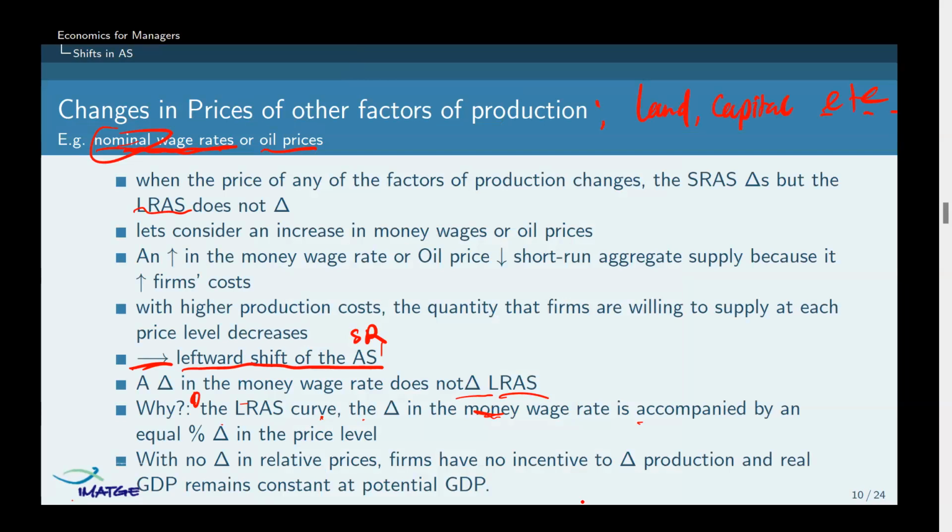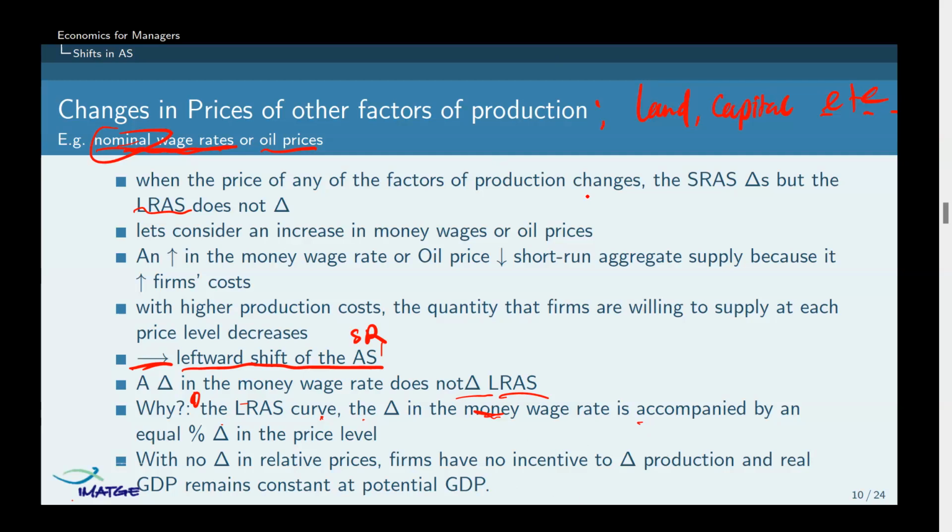Doc, yeah. Sorry, I think what Lydia was asking is with regards to the shifting to the left in the short run. Since the price level increases, but we have a reduction in production, isn't it that an organization would then run at a loss?